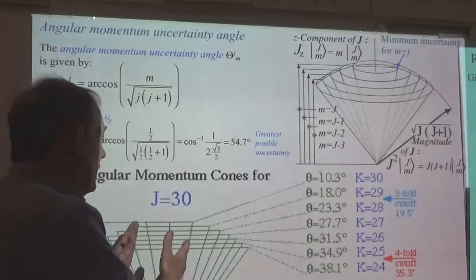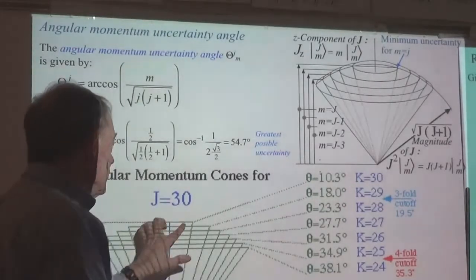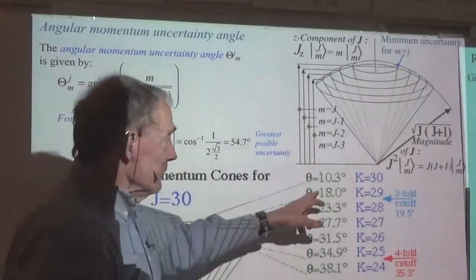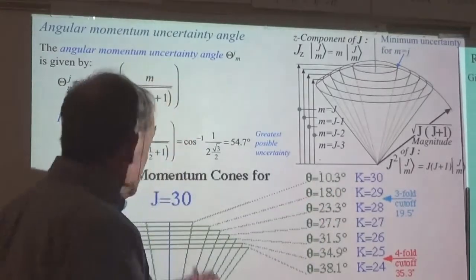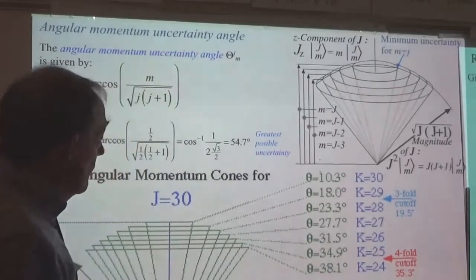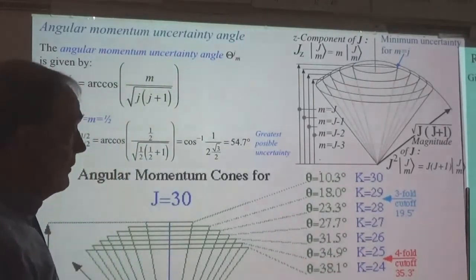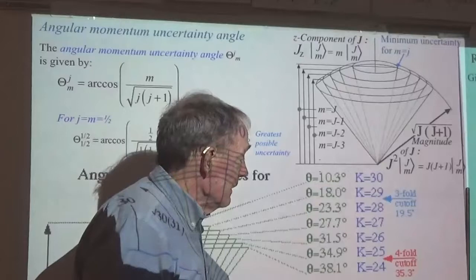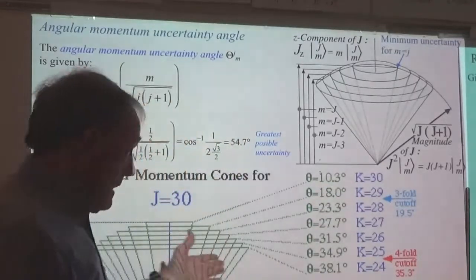And you can see for j equals 30, the uncertainty is pretty big. It's 20.6 degrees if you count both sides. This is the half angle, the polar angle. And so that particular formula right here is just giving us this.